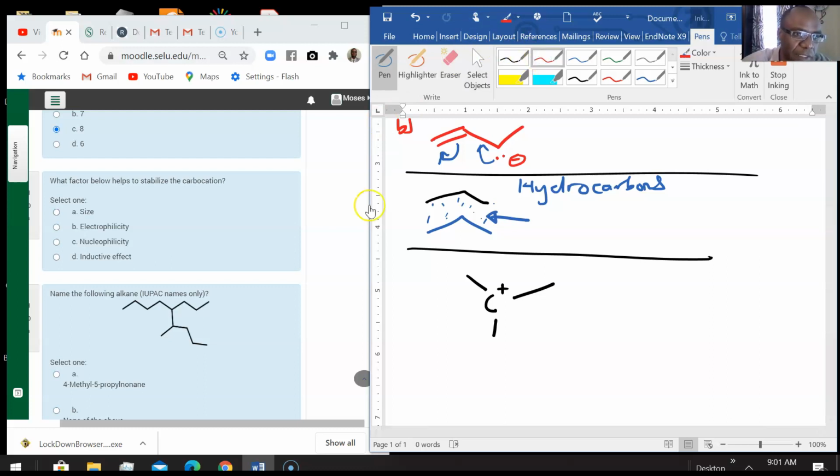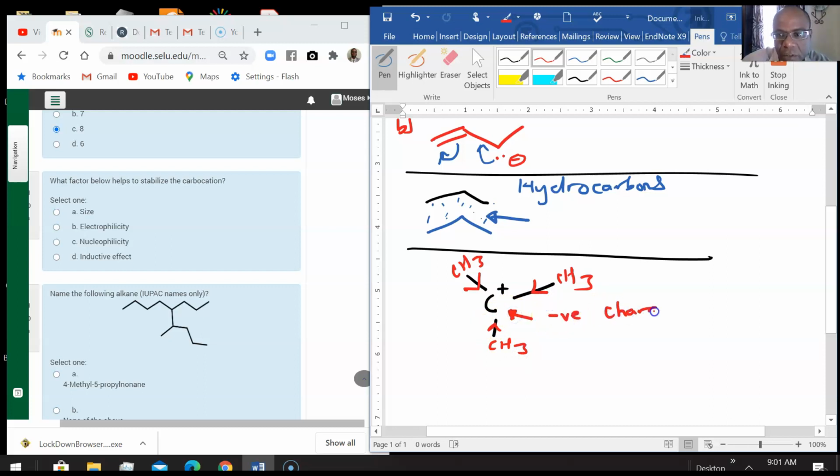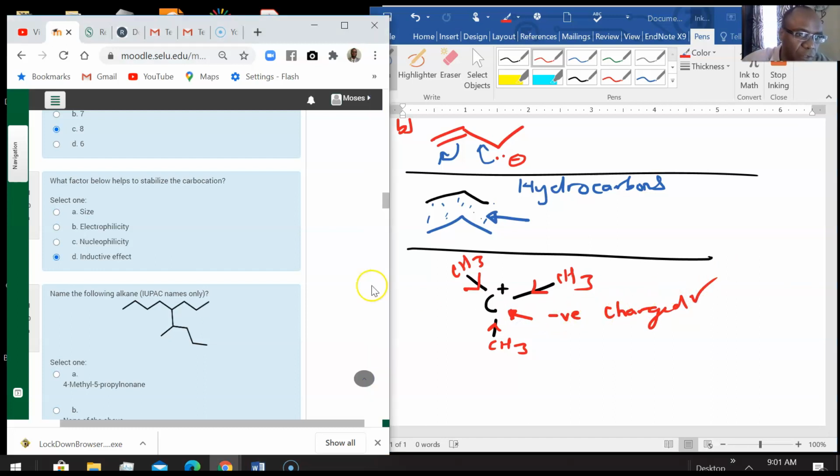It has to be inductive effect, because that's the term we used when we say that the R groups will be donating electrons through the bond. Those electrons will help to neutralize the C plus center because electrons are negatively charged. Okay, so the answer is D.